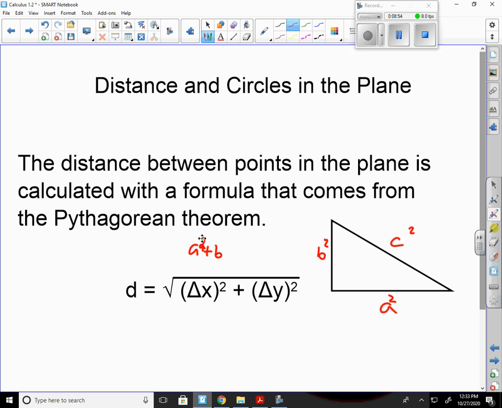Our distance formula is just the Pythagorean theorem, all rolled together. It's the change in x squared, plus the change in y squared, and it's the square root of all of it to get us back to c instead of c squared.